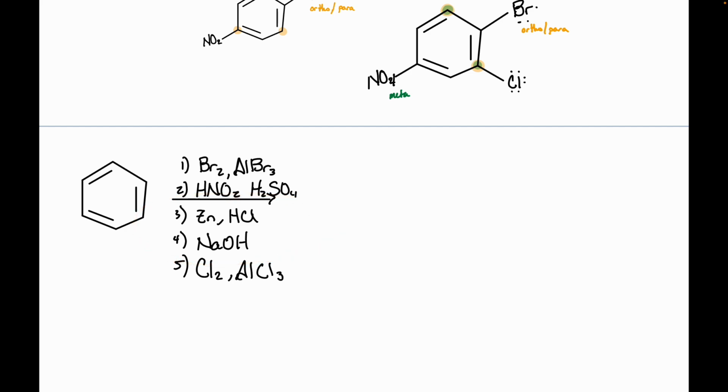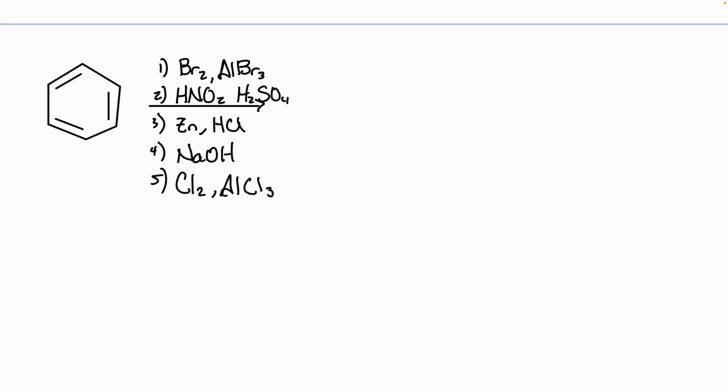These are one of our 4 reactions that we covered at the beginning of class, which is going to convert our ortho, para, and meta directors. So see if you can follow these steps.